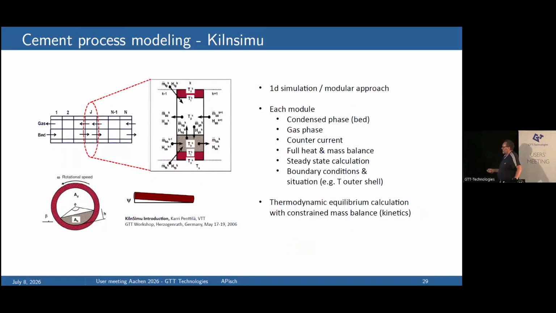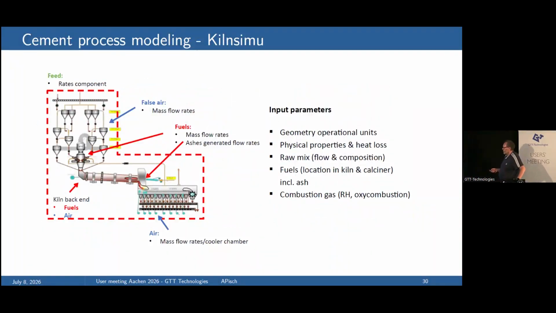So the kiln is cut into slices. I won't go into detail because I'm pretty sure you talk about that later. For the cement process, what do we put in? We put in the kiln feed, that means the raw mix. We can put in all kinds of false air, so holes in the system.